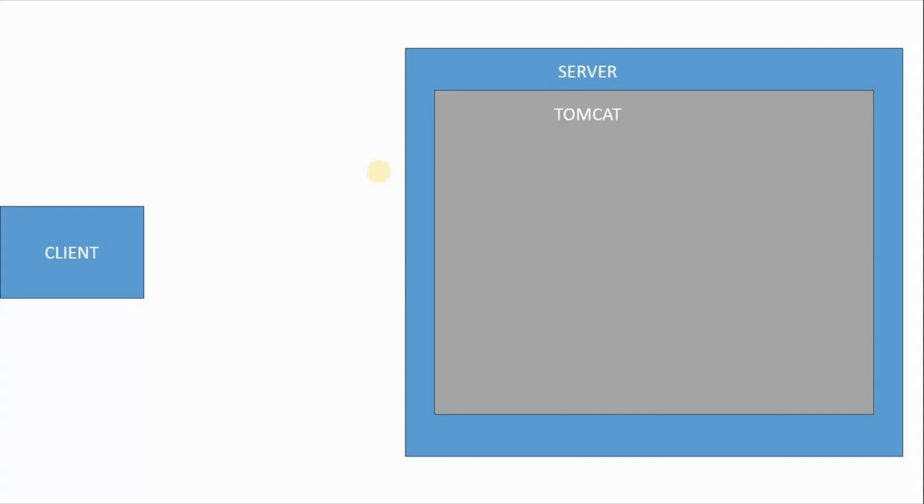So let's see how a static request works. Inside a server, there is a Tomcat container. What is a Tomcat container? A Tomcat container is a container that contains the applications that have been deployed on the server. This application can have files, for example, an HTML file, an HTML page, and as a matter of fact, it can have multiple files.